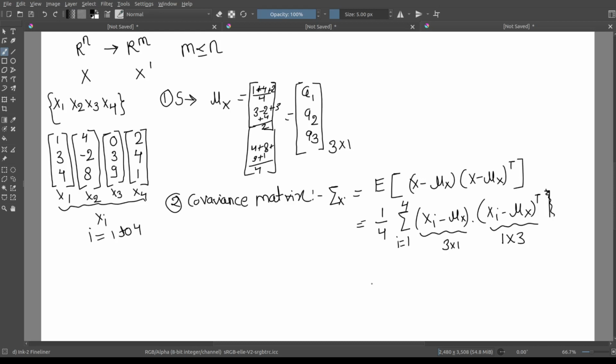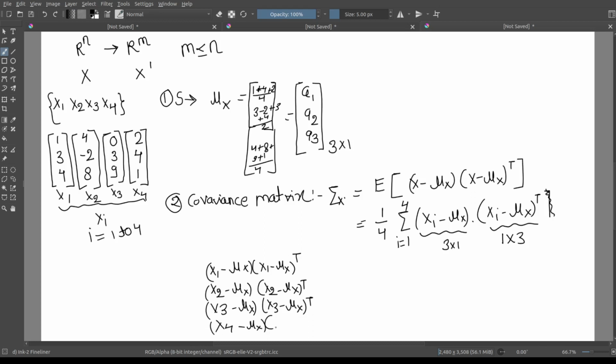So see what we have to do. We have to compute x1 minus mu x times x1 minus mu x transpose first, then x2 minus mu x times x2 minus mu x transpose, x3 minus mu x times x3 minus mu x transpose, and x4 minus mu x times x4 minus mu x transpose.